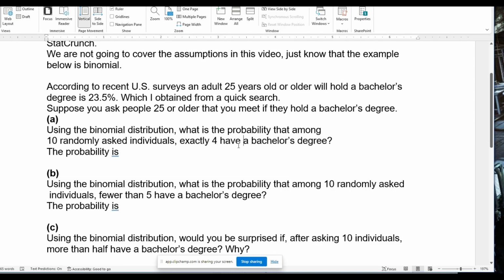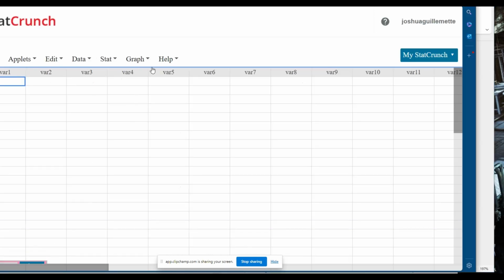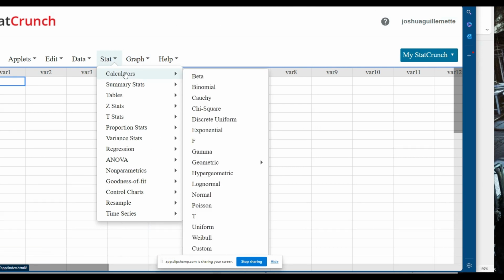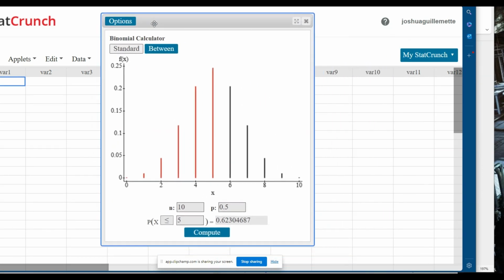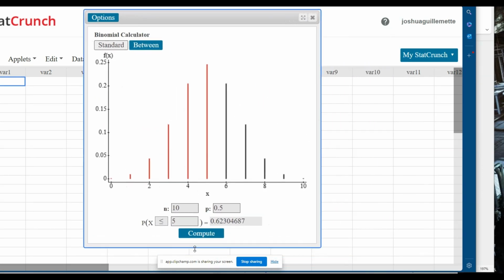Now, I did say that I was going to do this in StatCrunch, so we are going to go over there now. So what I'm going to do is under the Stat tab, there is a calculator, and in that calculator, the second one down is the binomial. So I want to click on that and set up this binomial calculator to help me do this calculation.